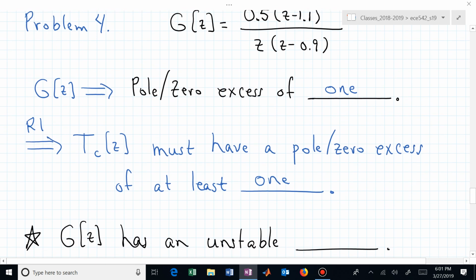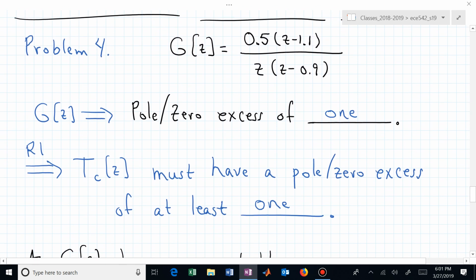But G of Z has an unstable... Is there anything unstable in G of Z? And here it's a little misleading saying an unstable 0. That doesn't cause your system to be unstable. It's just a briefer way to say, oh, I have a 0 outside the unit circle. Instead of saying all of those words, I can just say an unstable 0.